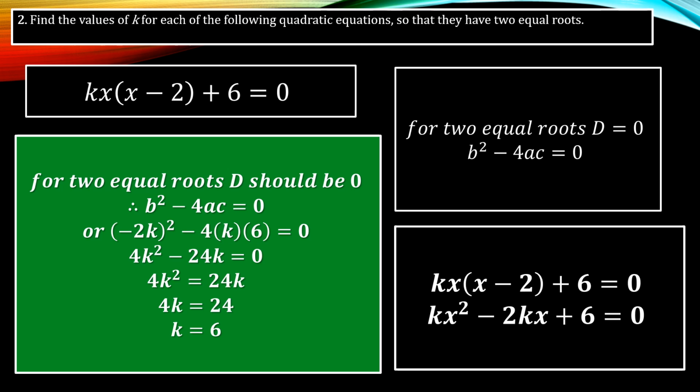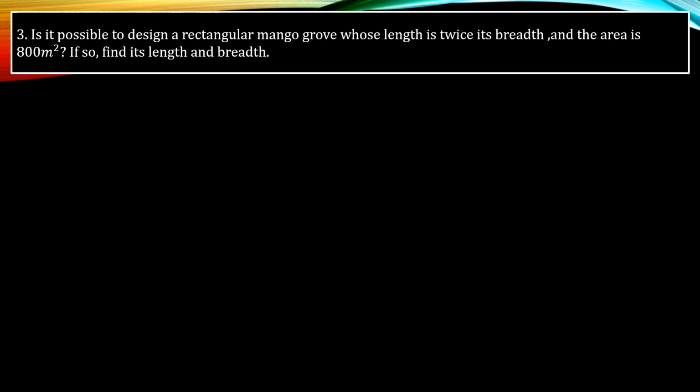So let's move further. Now see, we are given a condition and asked whether this situation is possible or not. If possible, we have to find the details given in the situation. The situation is: is it possible to design a rectangular mango grove whose length is twice its breadth and the area is 800 square meters?